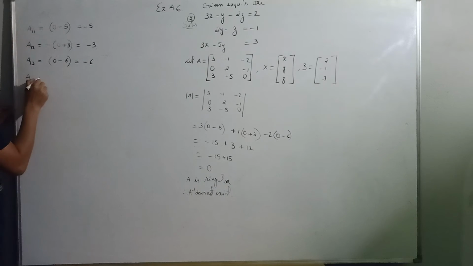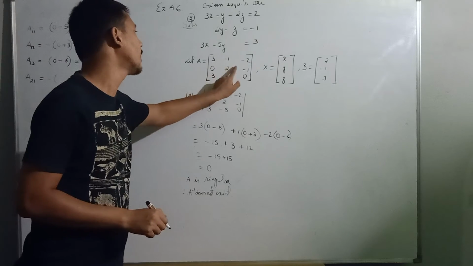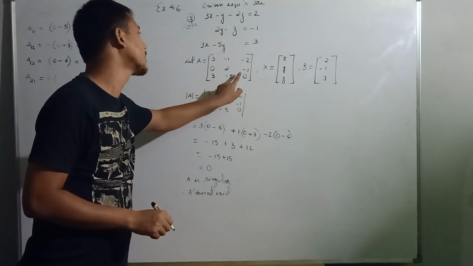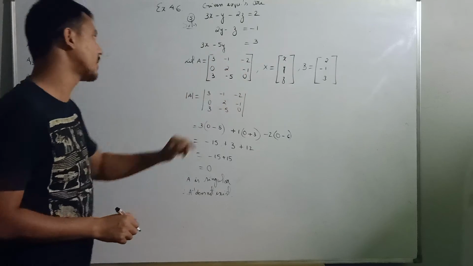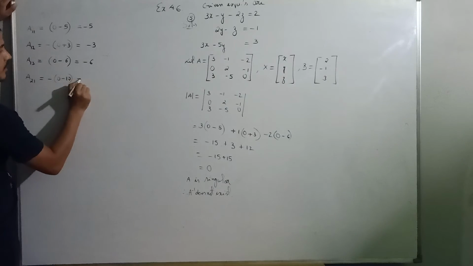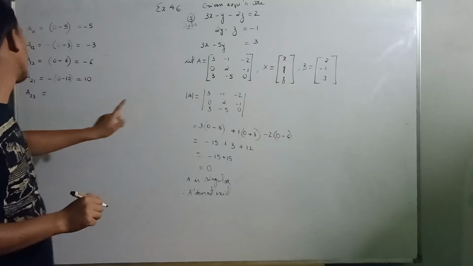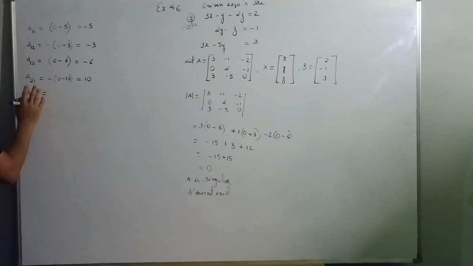What about A21? A21: (-1) to the power 2 plus 1, 3, so negative. And then we write the minor of this element. The minor of this element means 0 minus 10, so that will be plus 10. A22 will be positive, right? (-1) to the power 2 plus 2, 4, so positive.